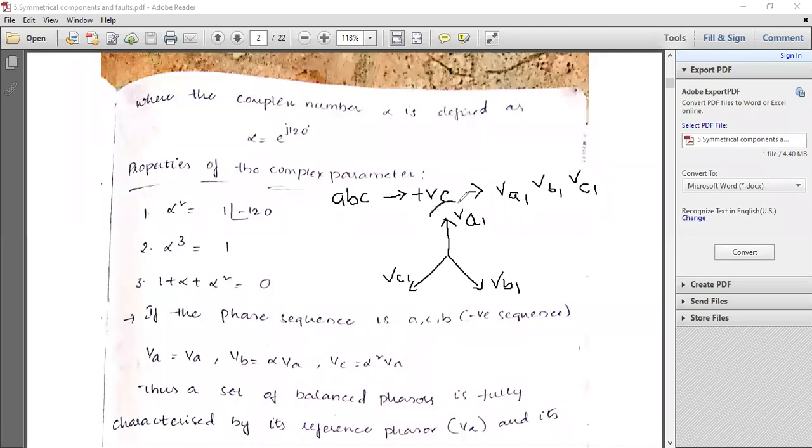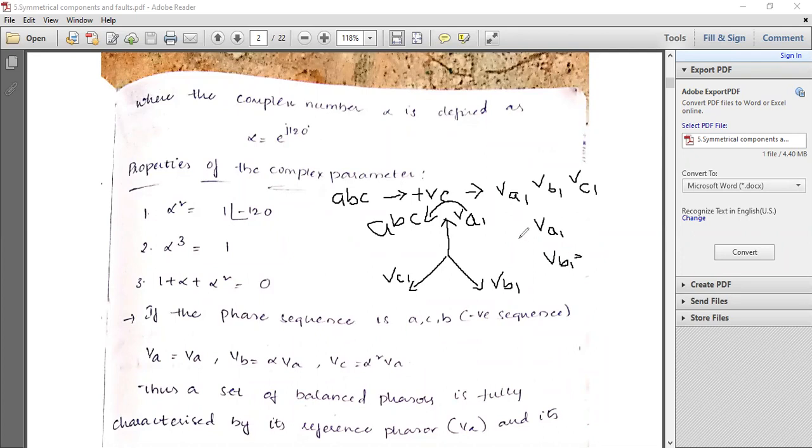Now the phase sequence is like this. The phase sequence is A, B, C. So VB1 lags VA1 by 120 degrees, and VC1 lags VB1 by 120 degrees. But you should go in this direction. Suppose you are taking VA1 as a reference, now how can we express VB1 in terms of VA1?